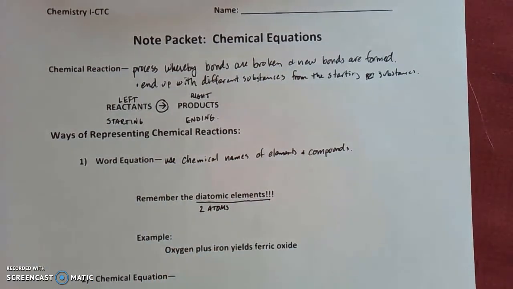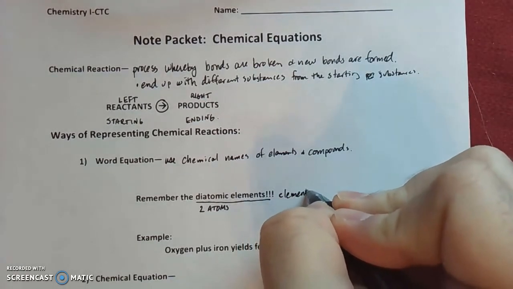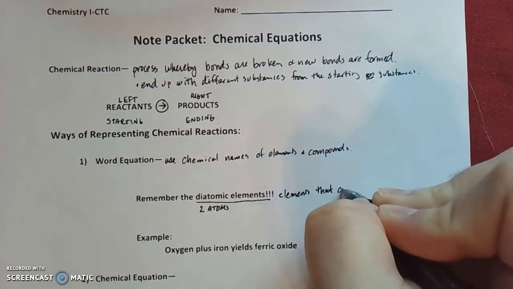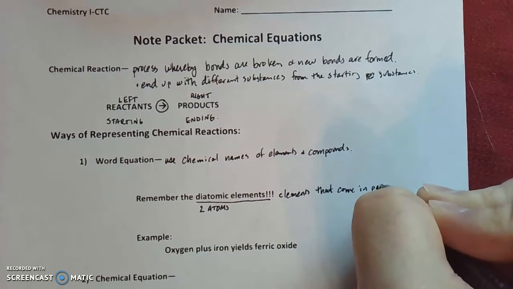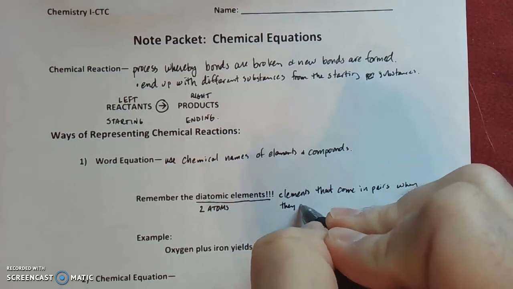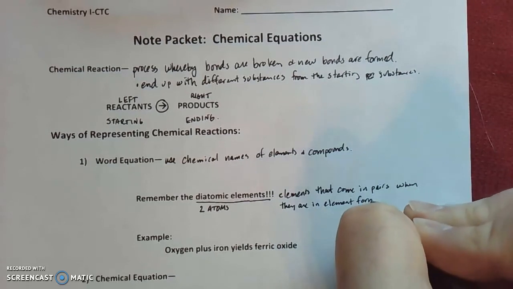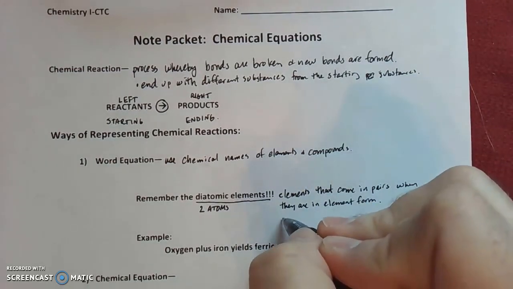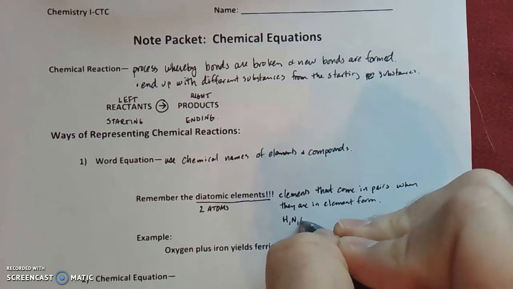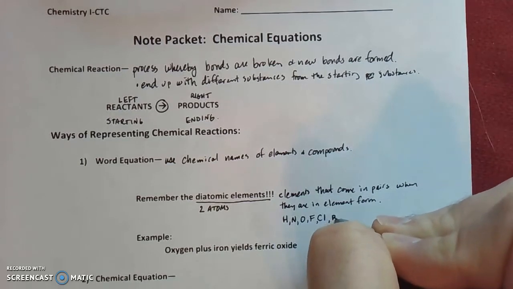There are actually 7 elements that come in pairs when they are in element form. So these are H, N, O, F, Cl, Br, I.